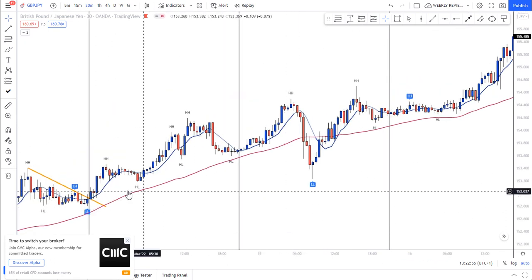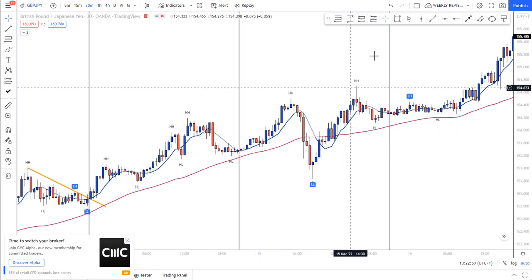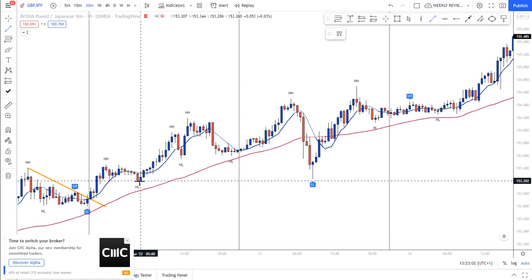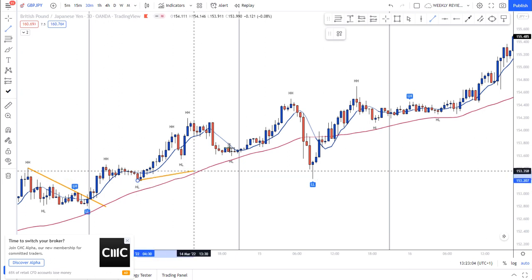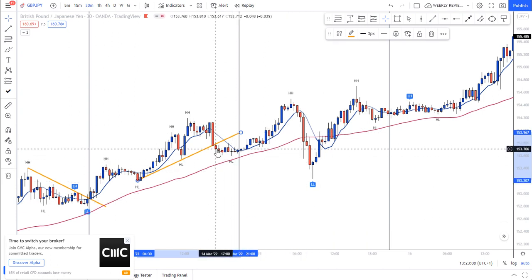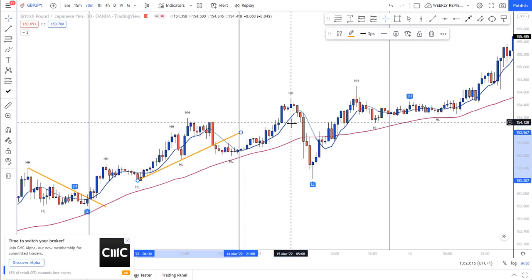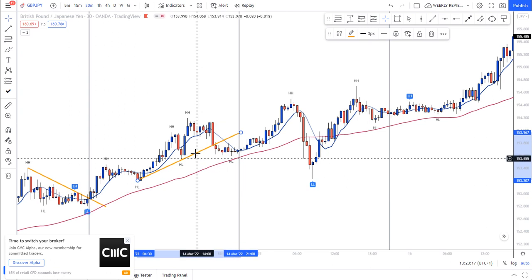We can use them together to our advantage. So again, we've got one here, a higher low, another higher low, we get the break, we get the pullback to the 8, we don't get a close beneath the 50, so there's no trade there.